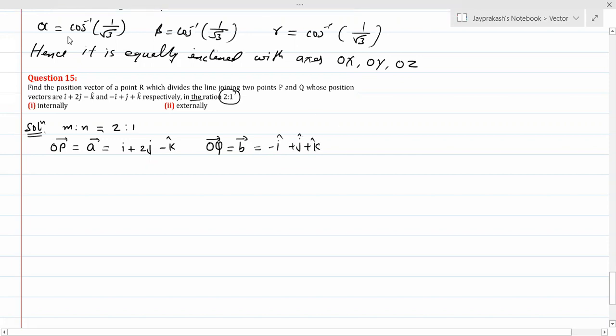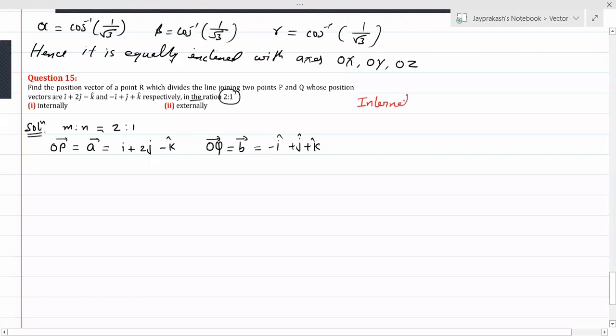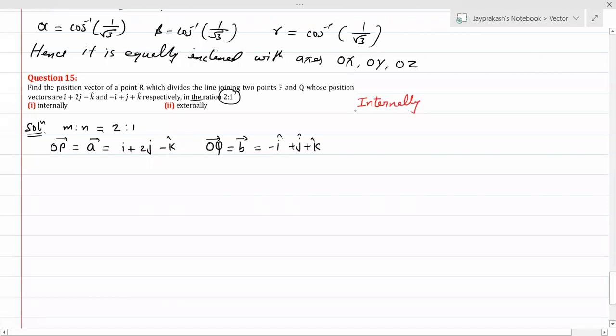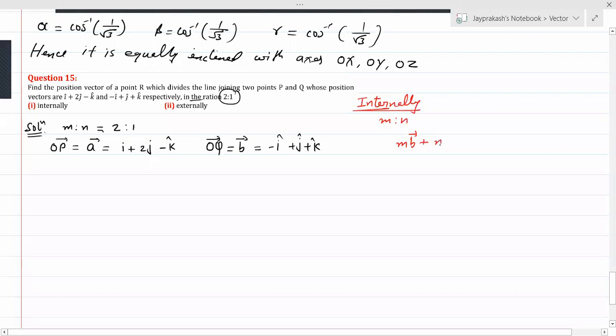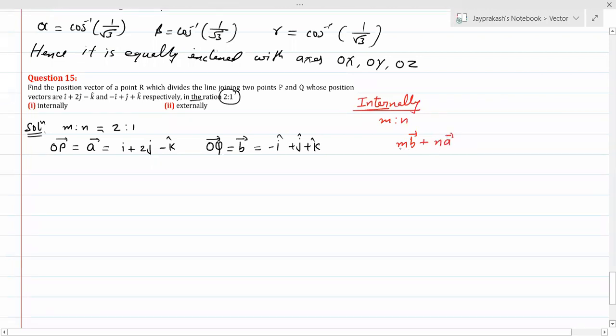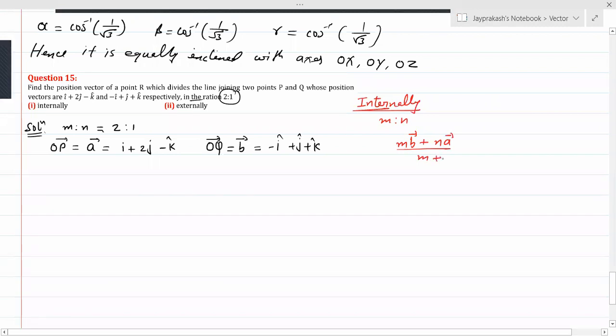Now the formula: if they are dividing internally, when the two vectors divide each other in the ratio m:n internally, then we have the vector in the form of (mb plus na) upon (m plus n).